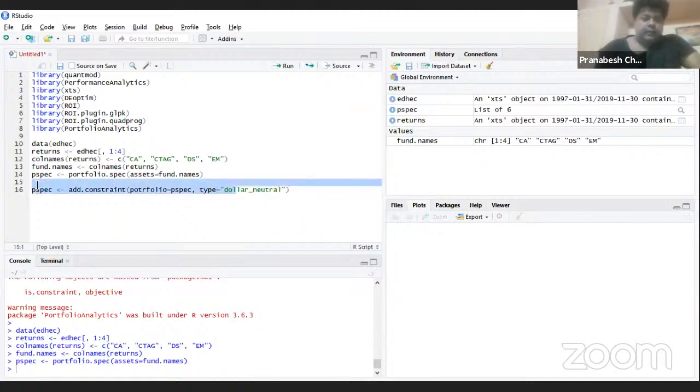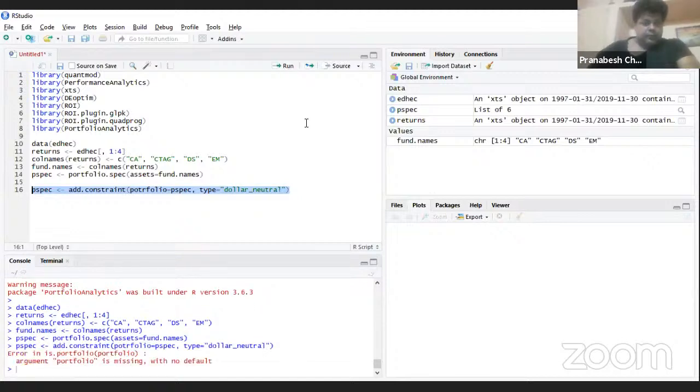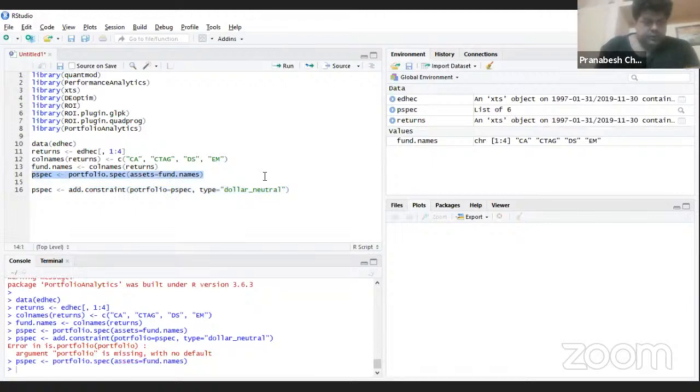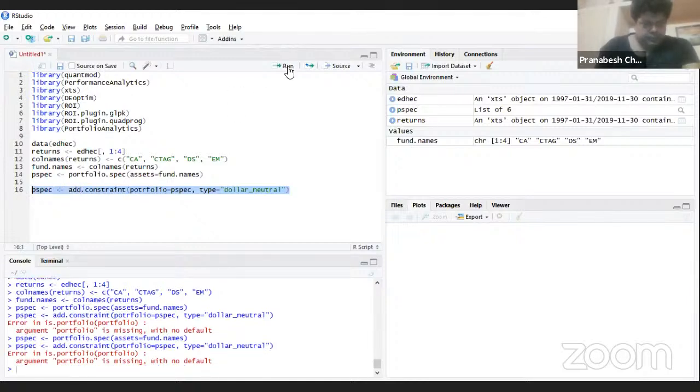Now let's see what this spec is doing. Portfolio equals pspec. The argument is portfolio.